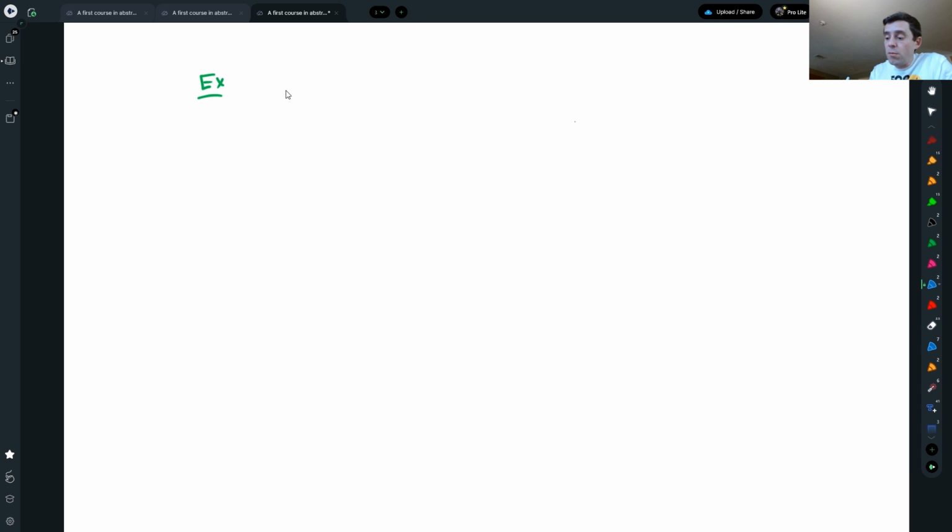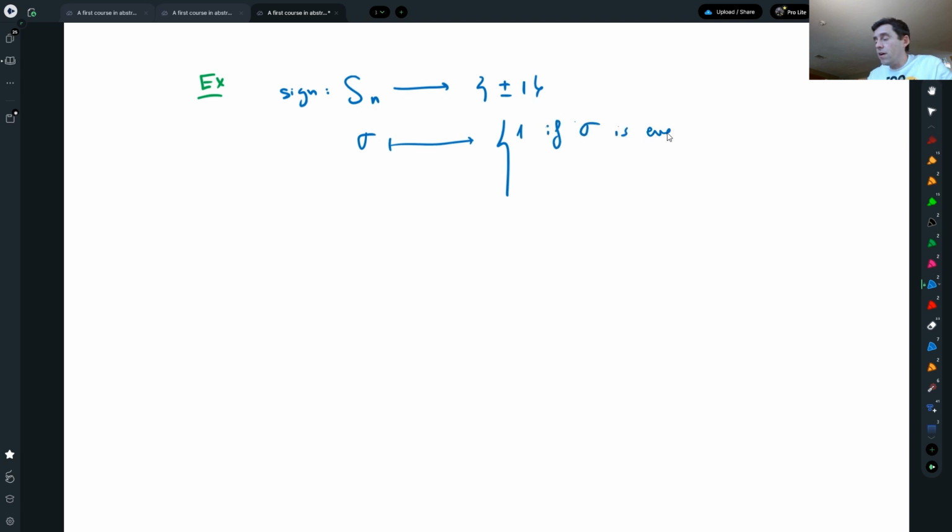So the first one: remember that we had the sign map from Sn to plus or minus 1 that sends sigma to 1 if sigma can be expressed as a product of an even number of transpositions, and minus 1 if sigma is odd, i.e. if sigma can be expressed as a product of an odd number of transpositions. This is a homomorphism, and it is in fact surjective.